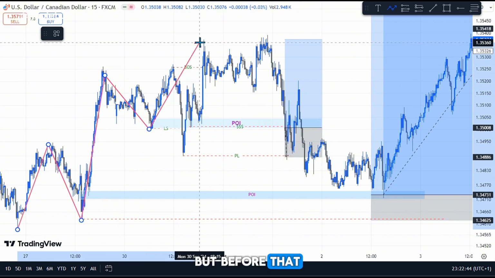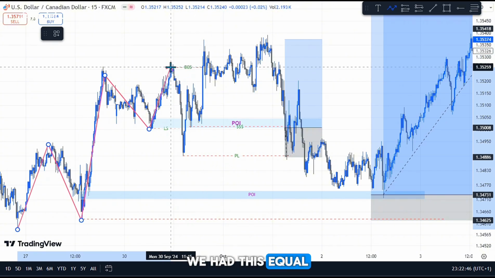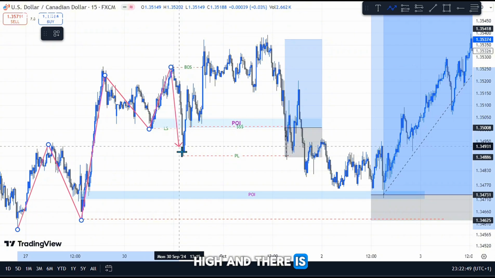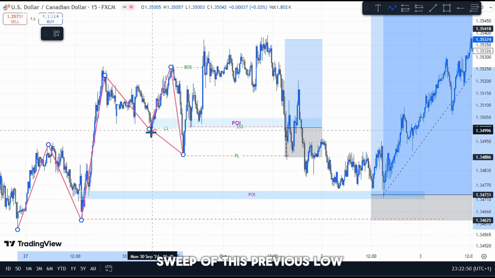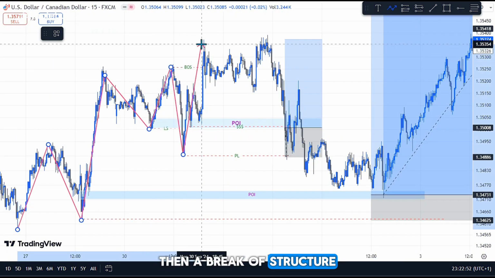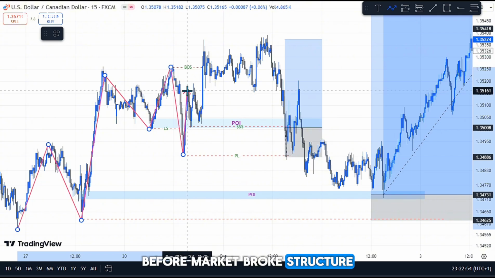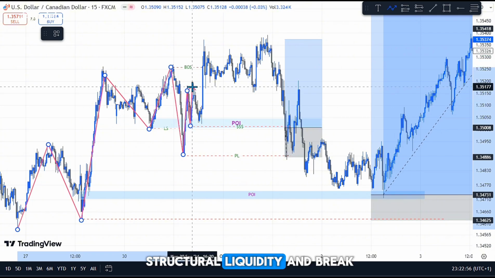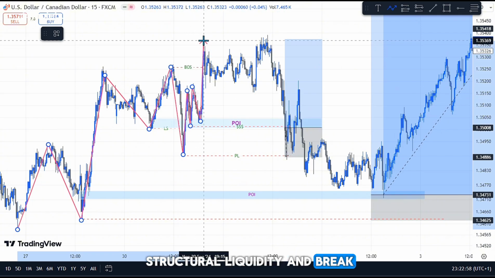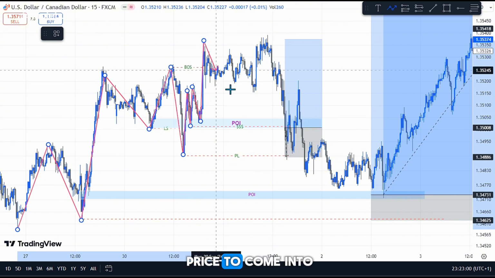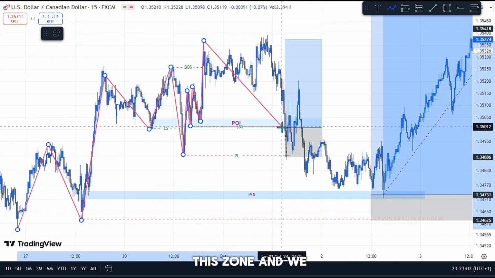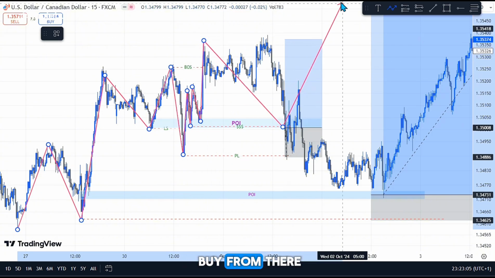But before that, we had this equal high, and then a sweep of this previous low, then a break of structure. But before market broke structure, it gave us this structural liquidity and break. So I expected price to come into this zone and we buy from there.